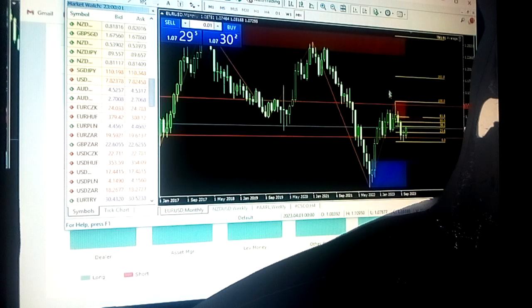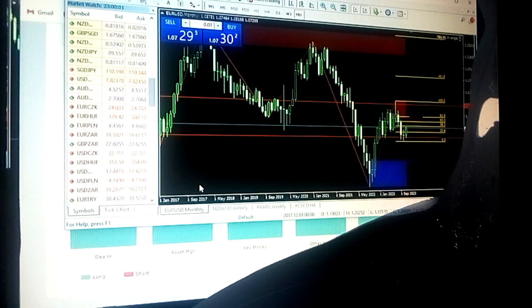This chart is for Euro USD, Euro USD monthly. But what I need you to learn is the difference between stocks and exchange, okay, currencies.